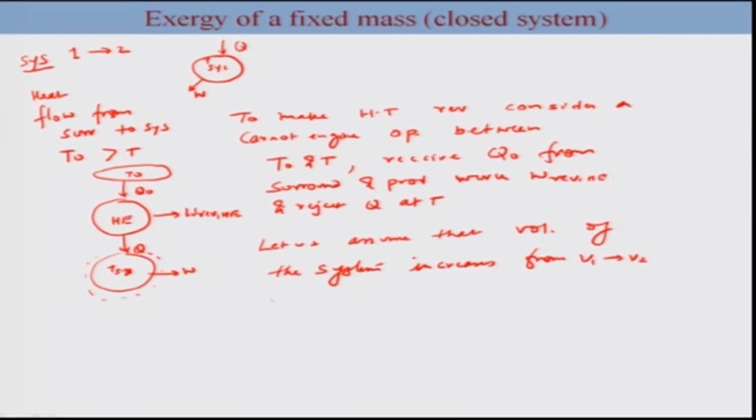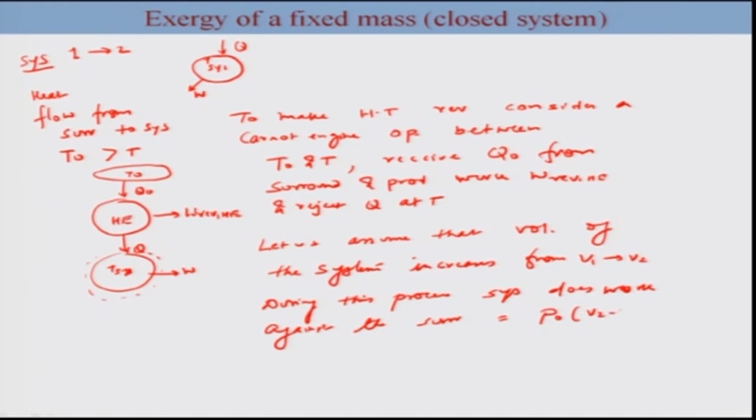In other words, what we are saying is that during this process, the system does work against the surrounding. So this work would correspond to P0 times (V2 minus V1).